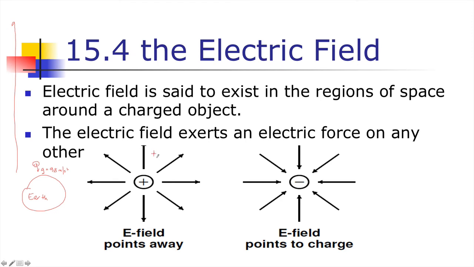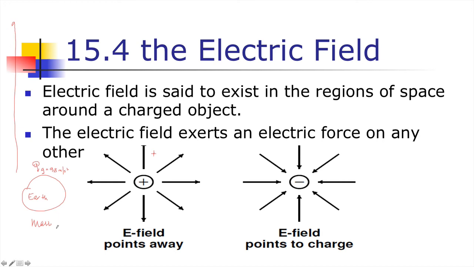So simple. It's like a gravitational field. The only difference here is this: in Earth's case, it's mass. Mass is involved. The gravitational field is because of mass.